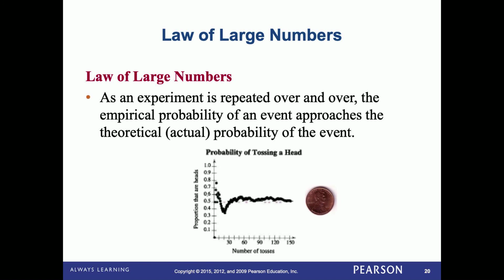But if you were to toss this coin 1,000,000 times, the amount of heads and the amount of tails would become essentially the same. You'd come very close to 500,000 tails and 500,000 heads.